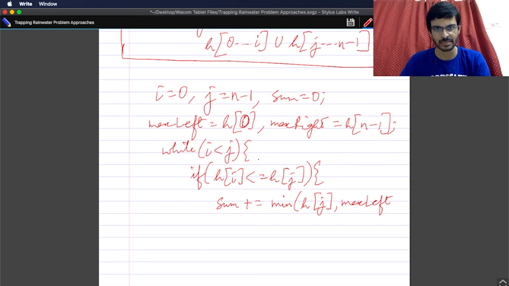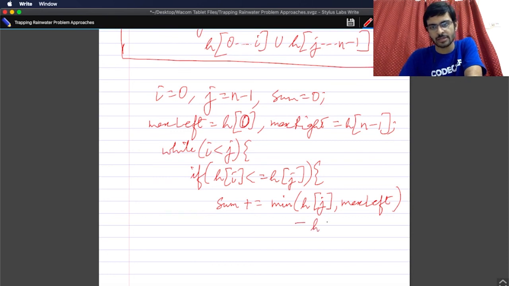But I think you can do this. Max left equals... no, when we'll update it, we'll be doing that. Max left minus h of i, this should suffice, and then i plus plus.